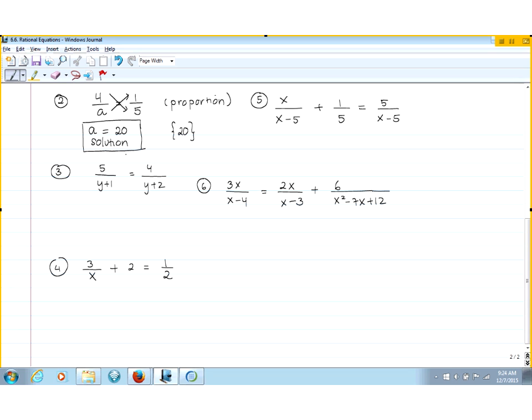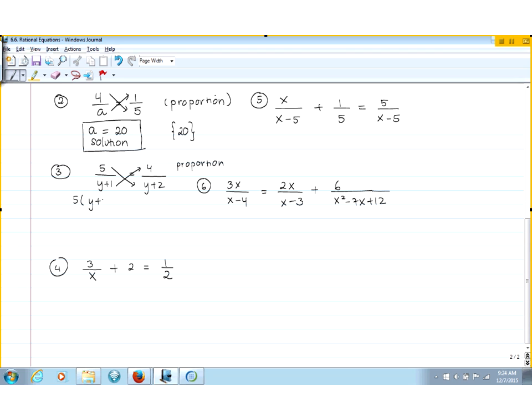All right, so now number 3. What are we supposed to do here? Let's do it fast, so we could finish 6.5 and start 6.7. So what is it? We cross multiply. Is this a proportion? Yes, these are 2 ratios that are equal, so we can cross multiply. Or you could say the LCD is y plus 1 times y plus 2, and multiply both sides by it.